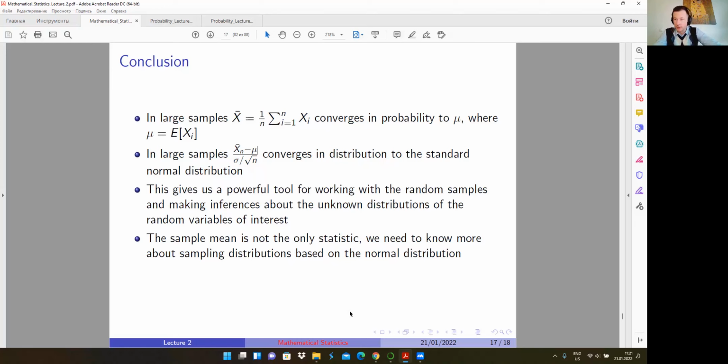And of course, not all of them are distributed normally in large samples. That's why we need to know more about sampling distributions, which are based on this normal distribution. We will talk about this in the next lecture on Thursday. We will introduce new sampling distributions for different statistics and how to deal with them.